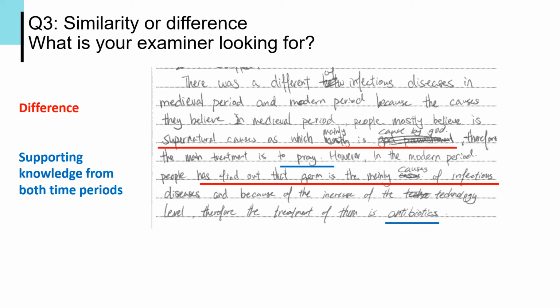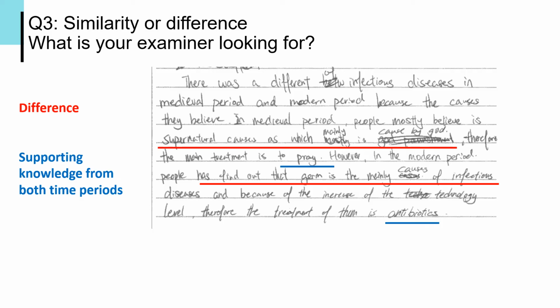Here is an answer that scores full marks using just the space on the exam paper. And we can see here, underlined in red, is the difference that this student has explained. Supernatural causes, as mainly people believed illness was caused by God.